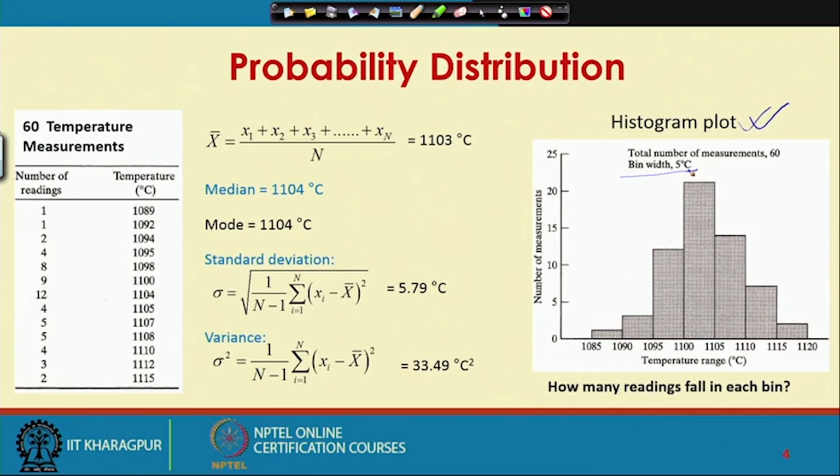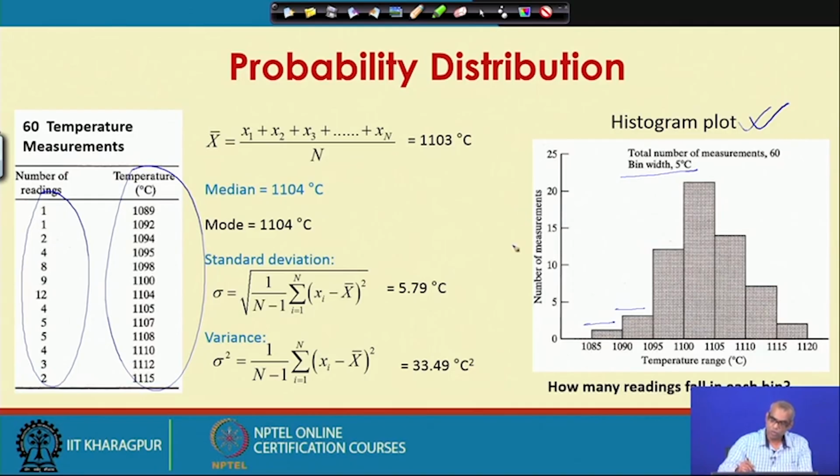So, from 1085 to 1090, I have considered one bin, 1090 to 1095, I have considered another bin, so on and so forth. Then from here and here, I count how many readings are there in each bin.